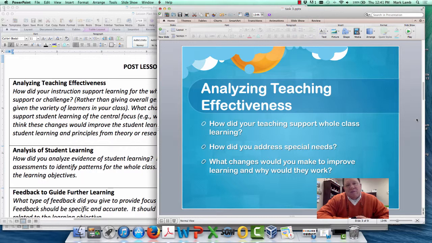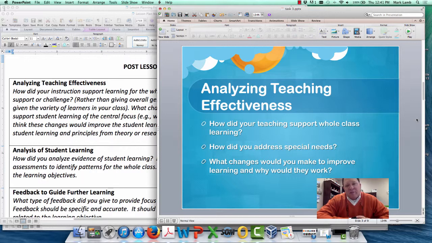What evidence do you have in student work samples that students did or did not understand the lesson? Can you identify patterns and support that with the student work samples, either patterns of understanding or patterns of misunderstanding?